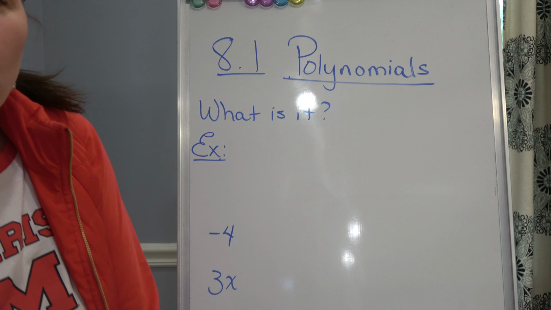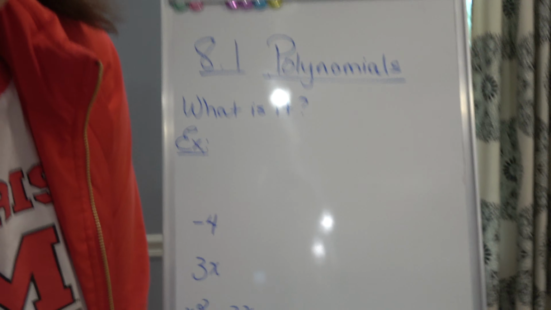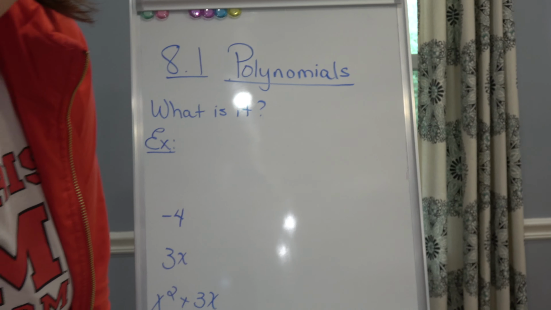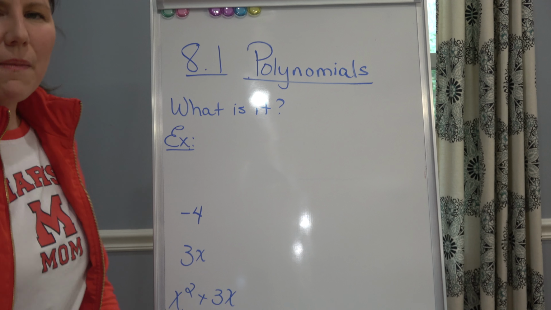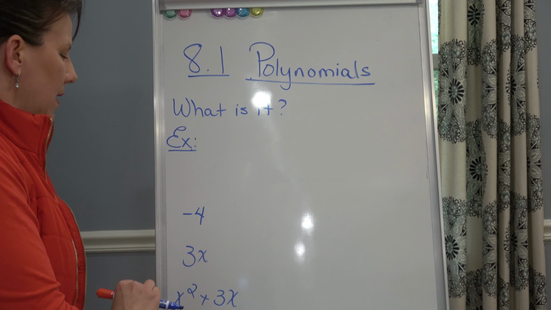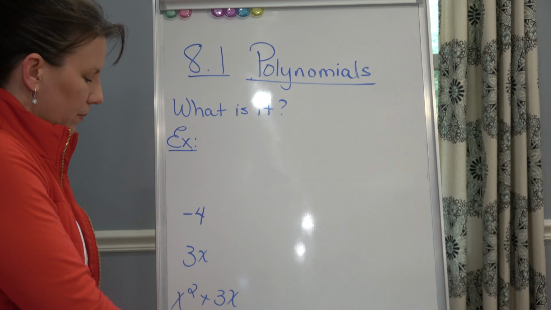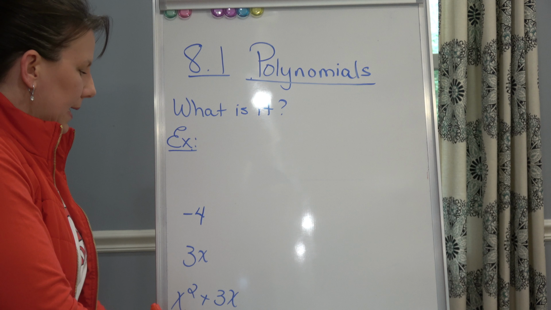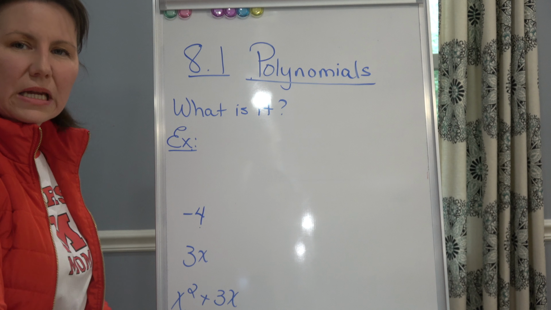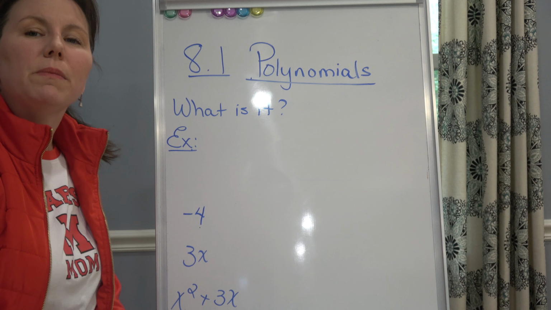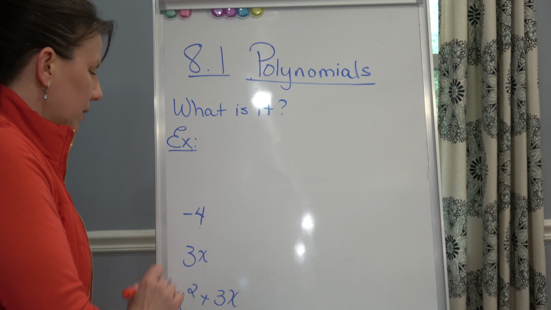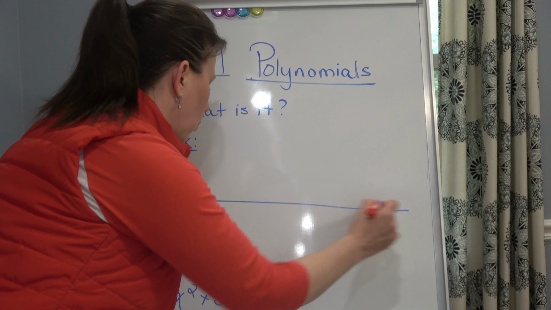We could make sure that it is a sum or difference of monomials. And so this first one, -4, would be a monomial, and it would just be one term.